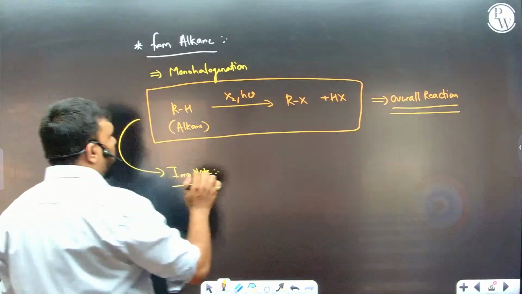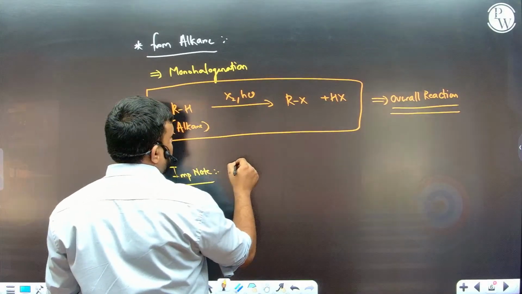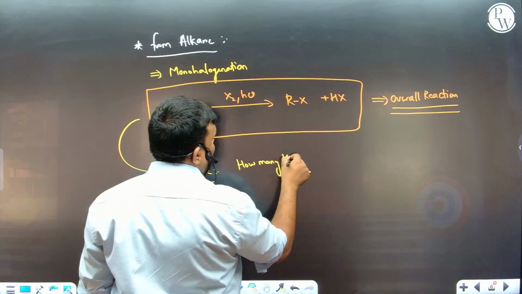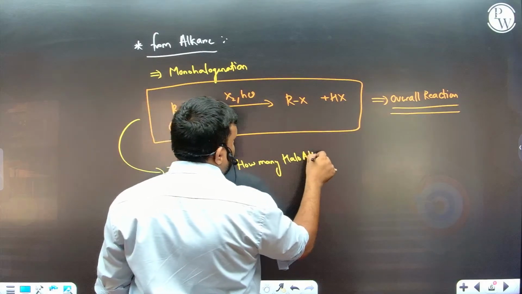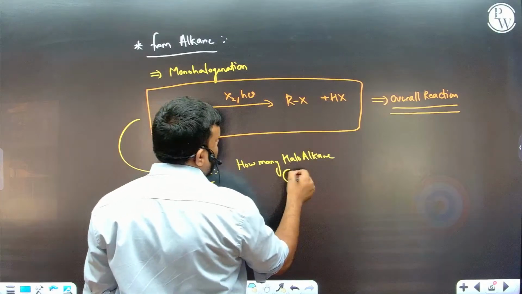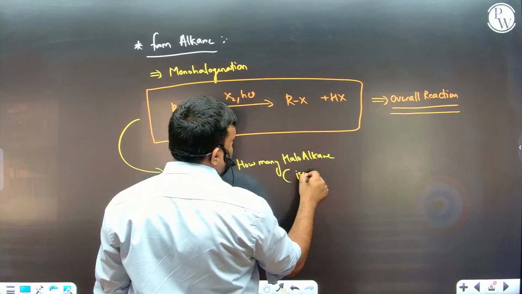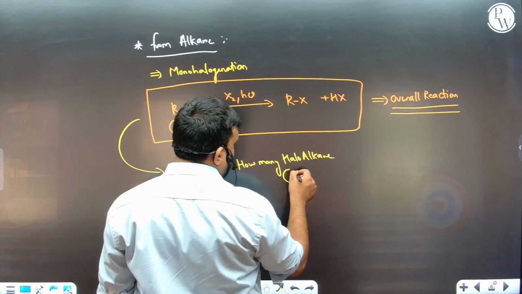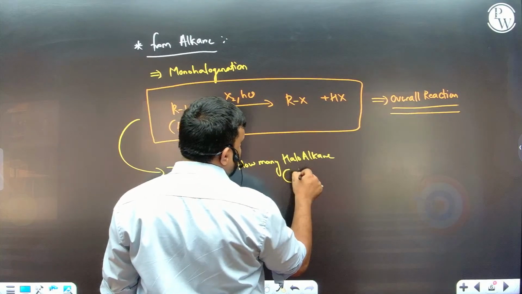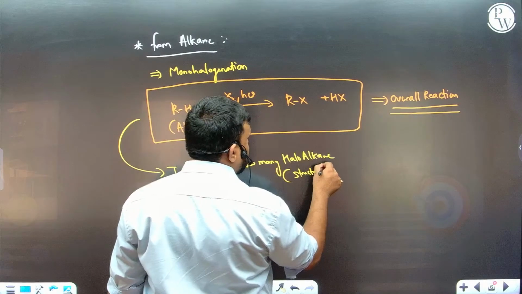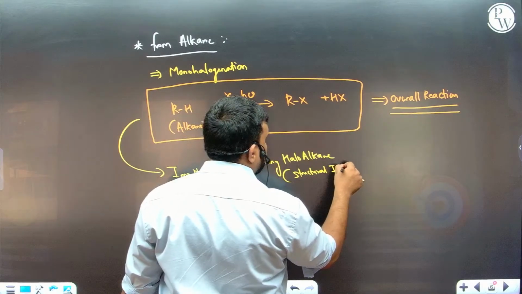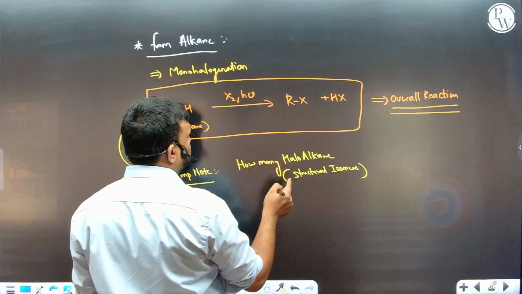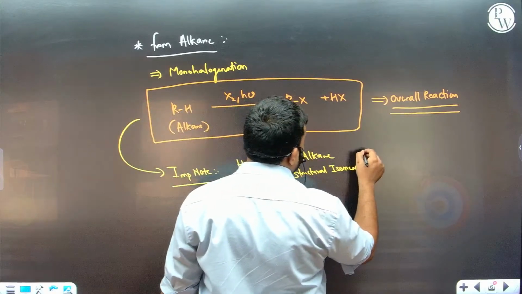So important note, they are asking how many haloalkane, and as I told you, I am talking only about isomers. With which isomers? Structural isomers.